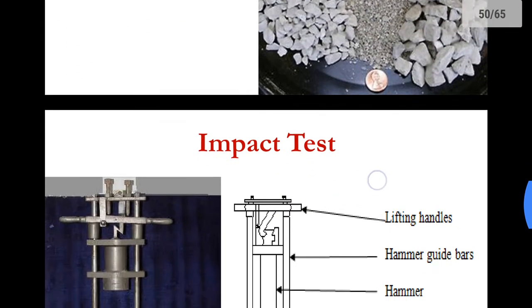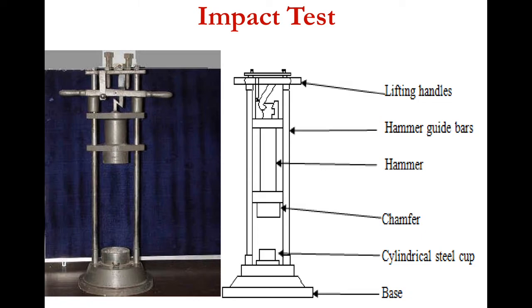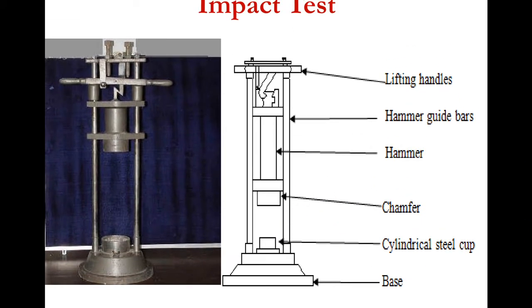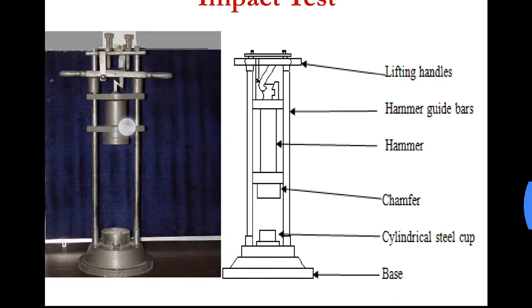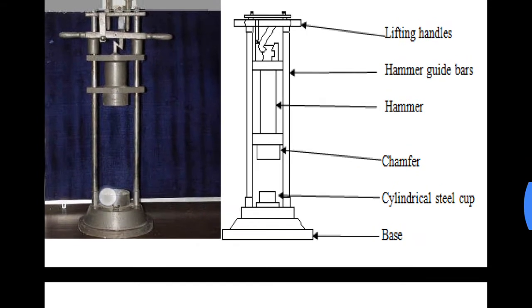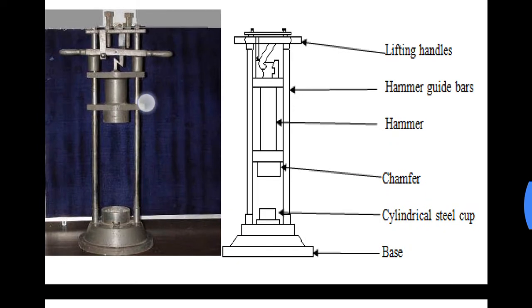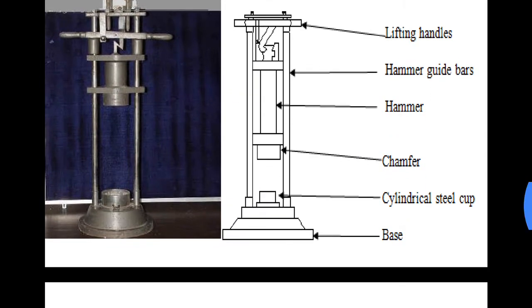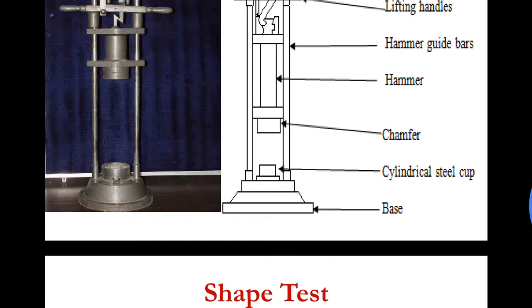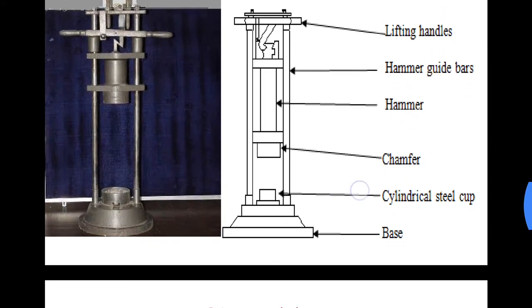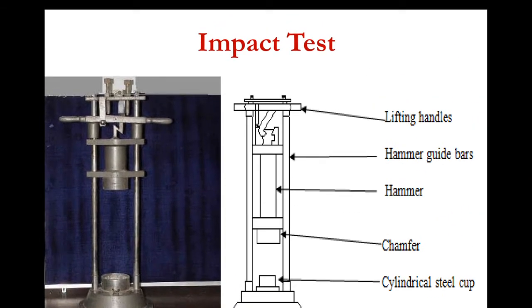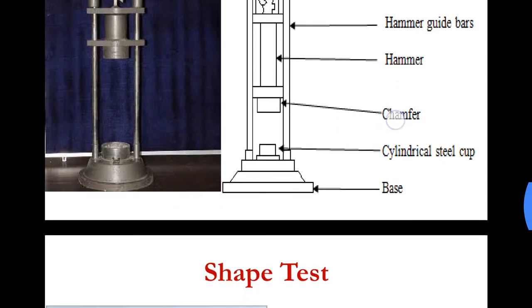In the impact test, the impact machine is used. Here a hammer is dropped on the aggregate samples, a total of 15 times. Later on this aggregate sample is taken out and sieved, and the impact value percentage is found out.